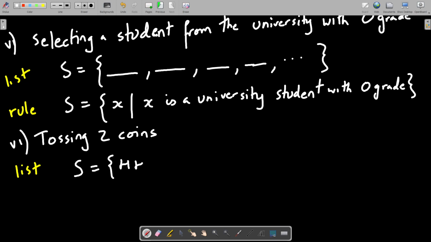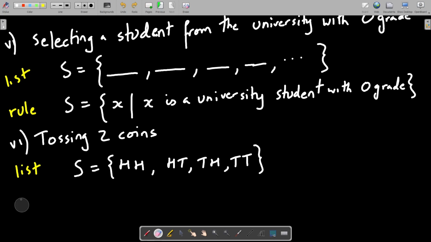You get both heads. The first one gives you head, second one gives you tail. First one gives you tail, second one gives you head. Or both give you tail. Sorry, there's no rule method for this.